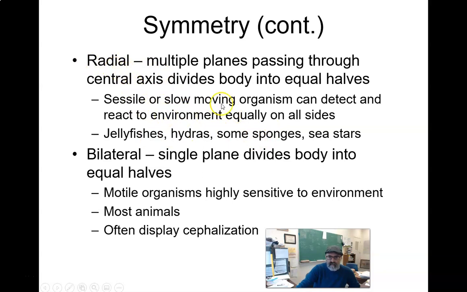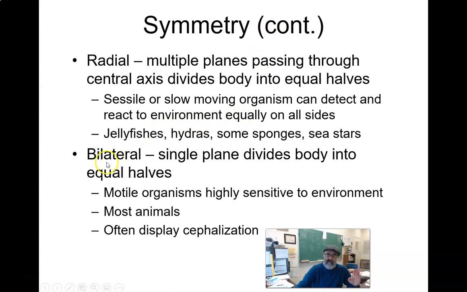And this is good if you are either attached, sessile, not moving, or you move in a slow manner and not directionally. So you're moving this direction, that direction. You're planktonic and you're sensing on your back and your front. There is no front or back, right? Because you're not moving in a given direction.